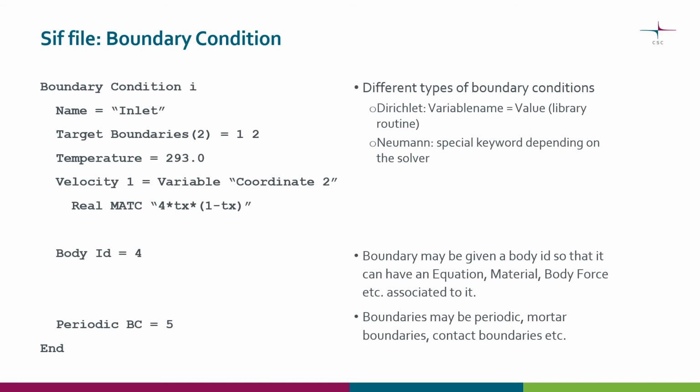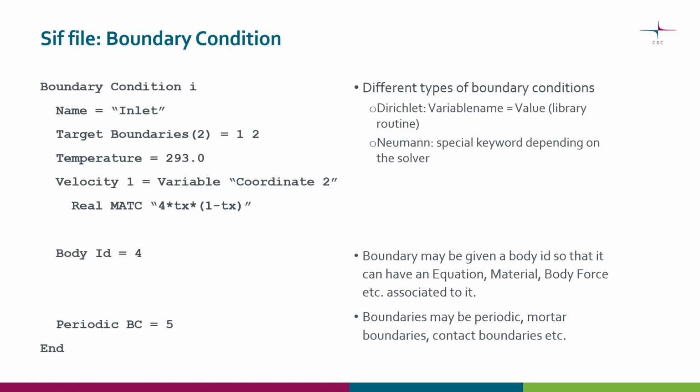The boundary condition, as the name implies, is given on a lower dimensional entity of the mesh. So in boundaries, we can define in which boundaries the boundary condition is given with the target boundaries keyword. The keywords can be associated to Dirichlet conditions.